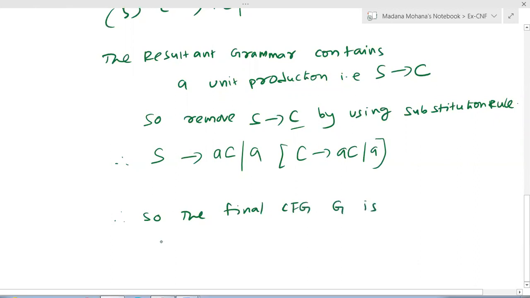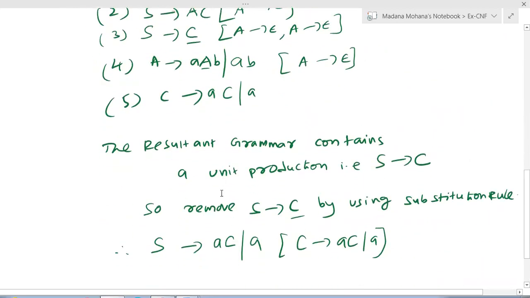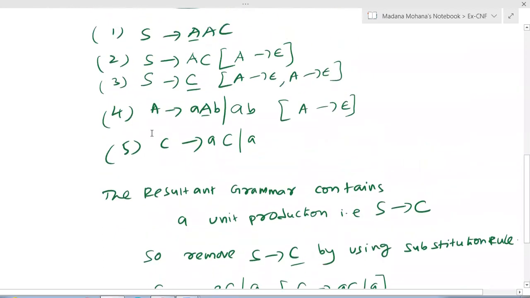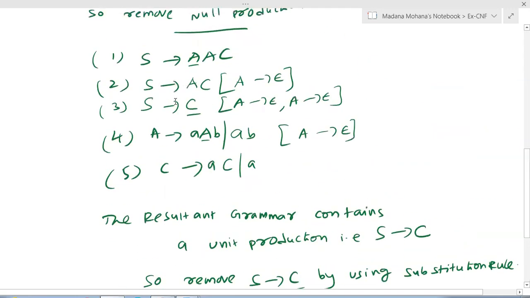Now you can write down all S productions. S derives, first one AAC, then second one AC, then third one C. That is obtained by the new production by substituting the C value. Now this will become AC or A. So these are all S productions.